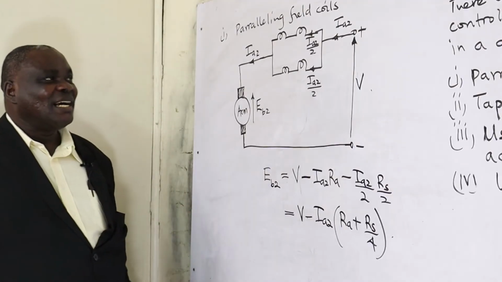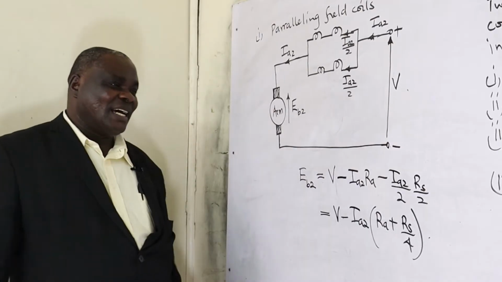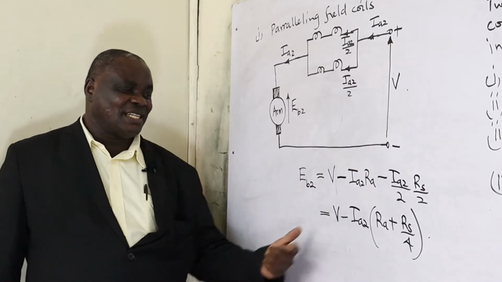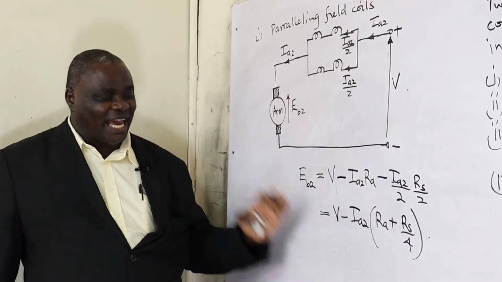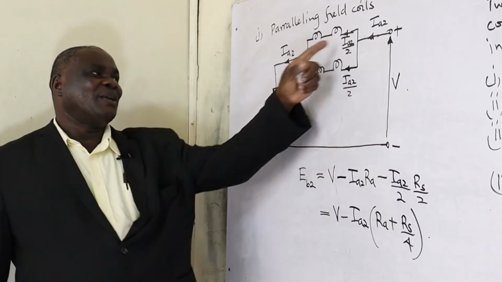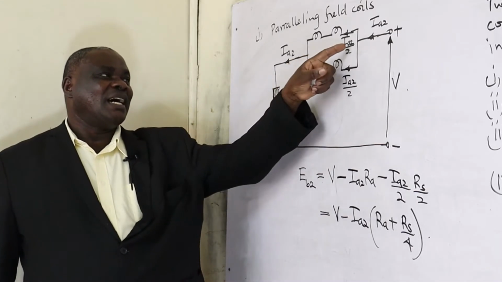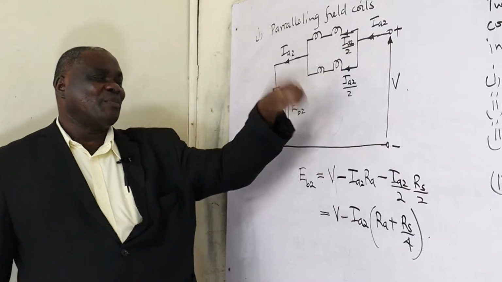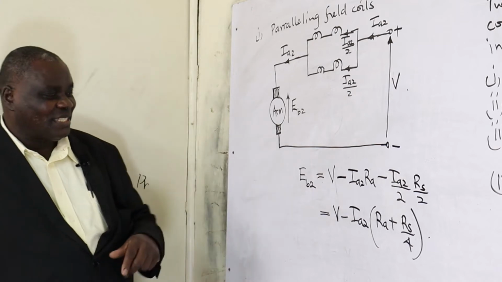IA2 over 2 will be proportional to phi 2, and through analysis, taking care of the constant of proportionality, IA2 over 2 will be directly proportional to phi 2, before the magnetic circuit is saturated.